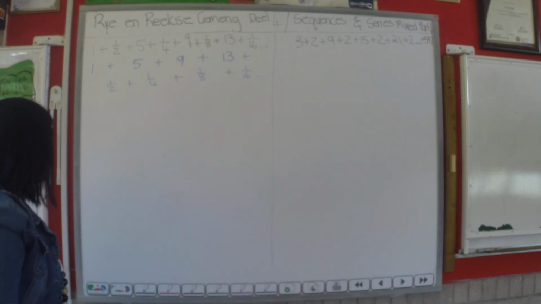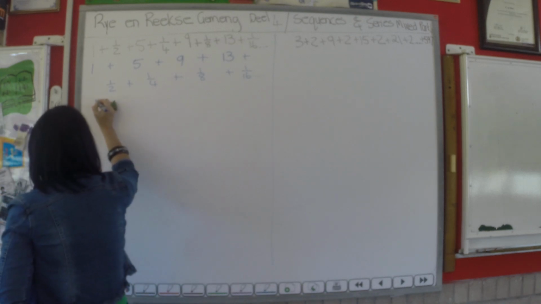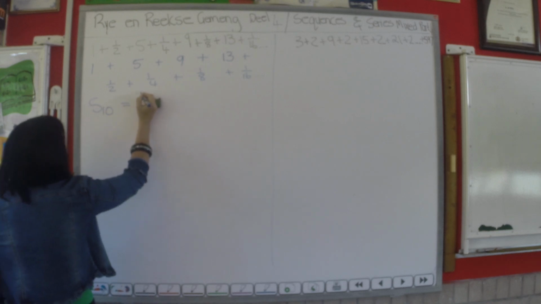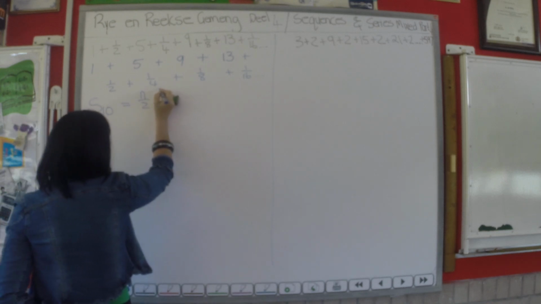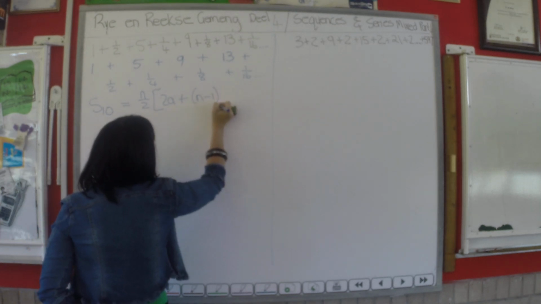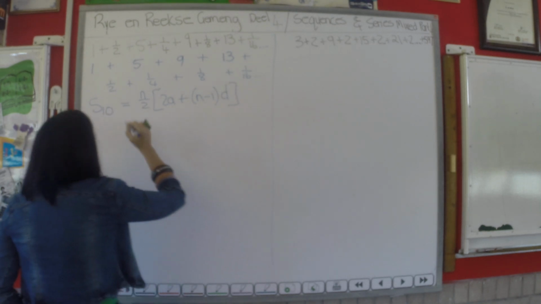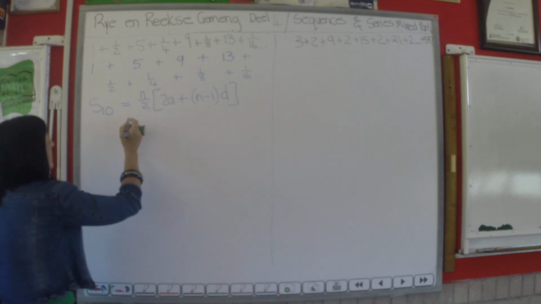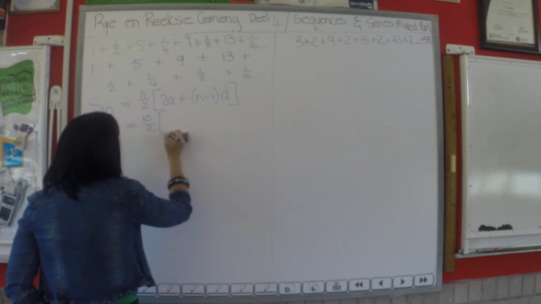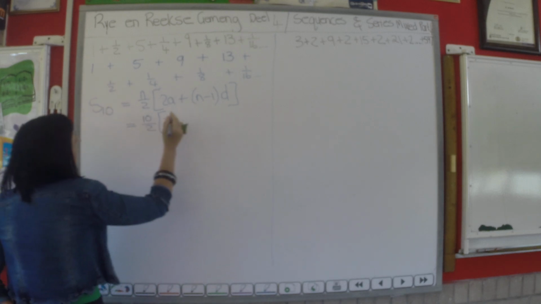So I'm going to use two formulas, sum of formulas, and the one is going to be for 10 terms, and that's going to be the arithmetic one, 2a plus n minus 1 d. I'm going to insert everything that I know, the sum of the first 10, and that's going to be 10 terms then. The first term of that one is going to be 1.